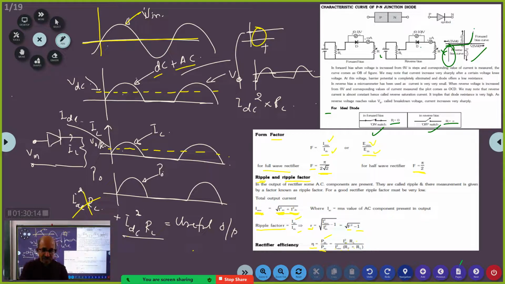Understood? Same way here, the function of a rectifier is to convert the AC into DC. All the AC will not be converted to DC. Only a portion of the input power will be converted to DC, just like in a machine, a portion of the input power will be converted to output power. But the total output power is equal to total input power.